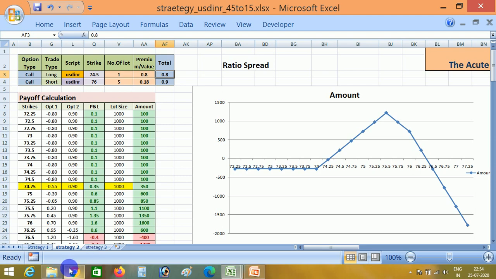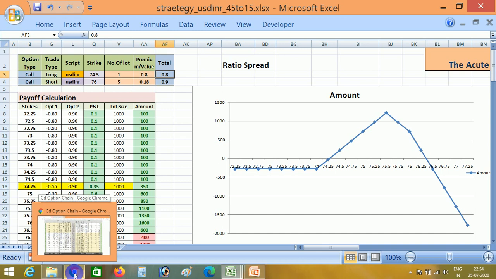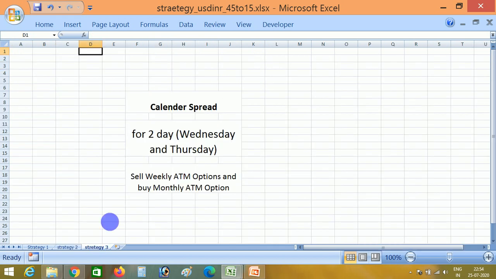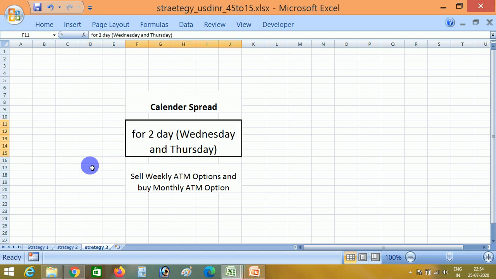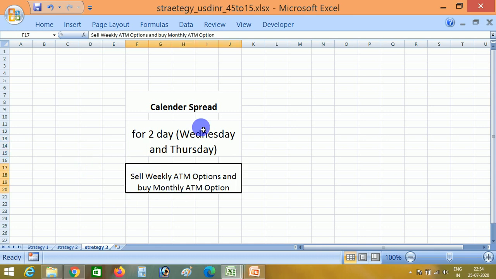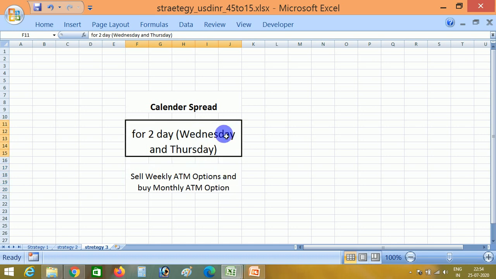So friends, I had also discussed the strategy, I'll show you in the videos. Our third strategy is that we use the calendar spread for 2 days, Wednesday and Thursday. We used this strategy 3 to 4 times and we gained some tips here. What we do is sell weekly ATM options and buy monthly ATM options on Wednesday, and we close the strategy on Thursday.